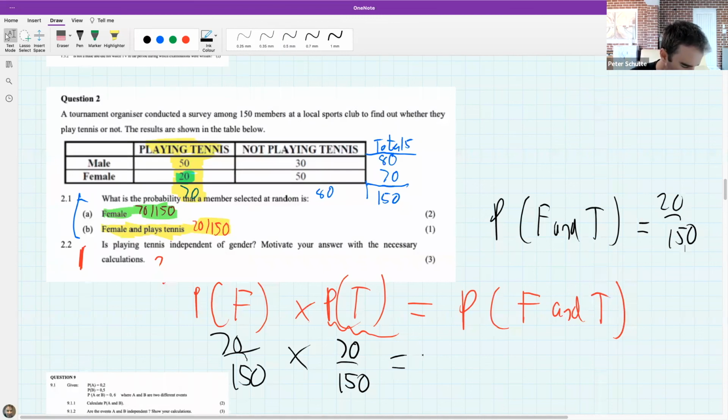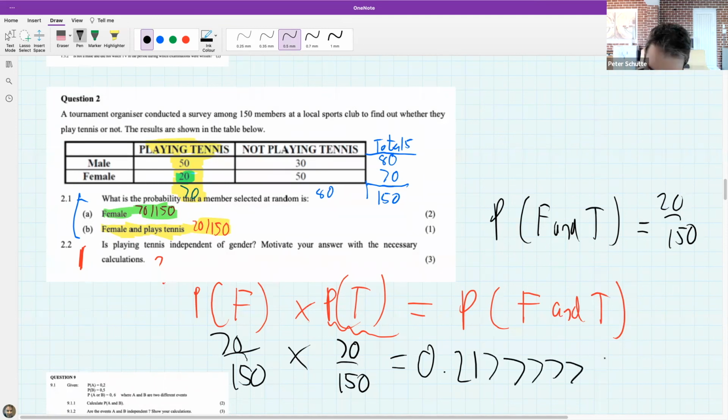Let's go to our calculators. I get 0.21777777778 here. So that is for the one side.